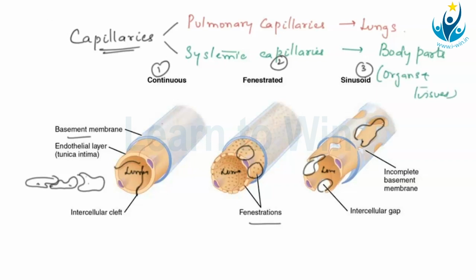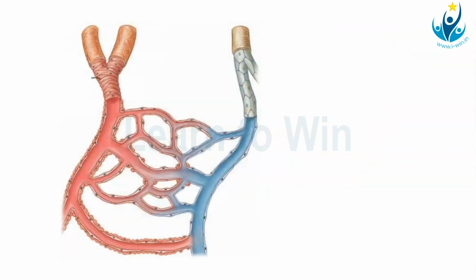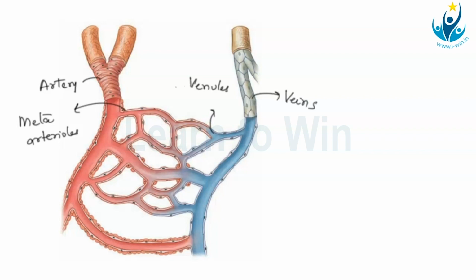Now if you see, this is an artery. These structures are called meta-arterioles, the primary arterioles. Then these are the venules and this is the vein. All this area consists of capillaries, and they form what is called the capillary bed.